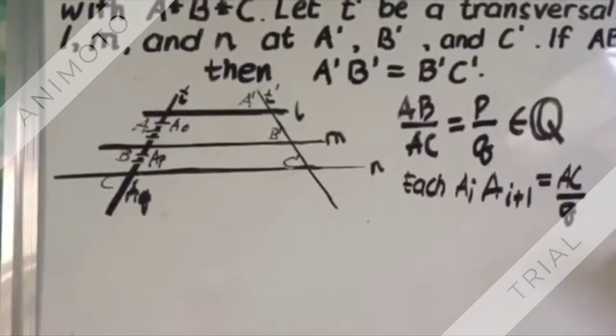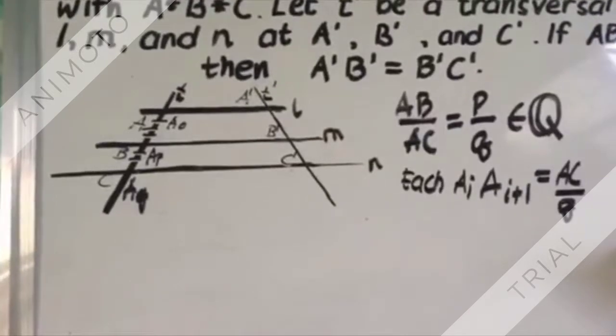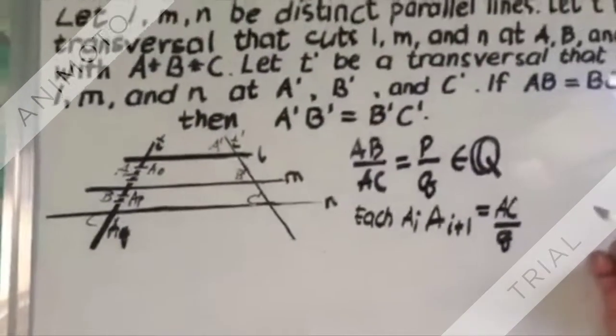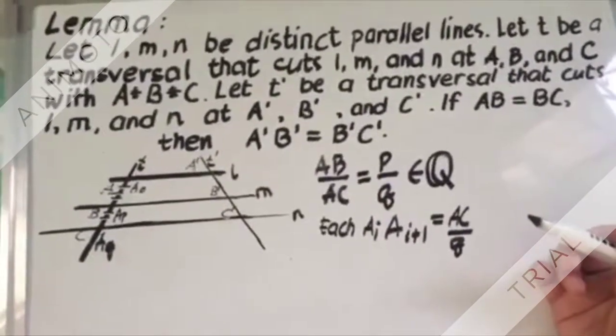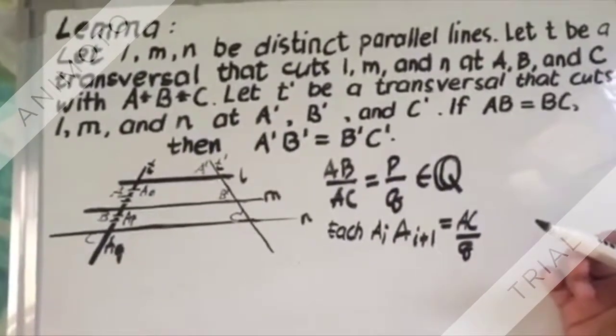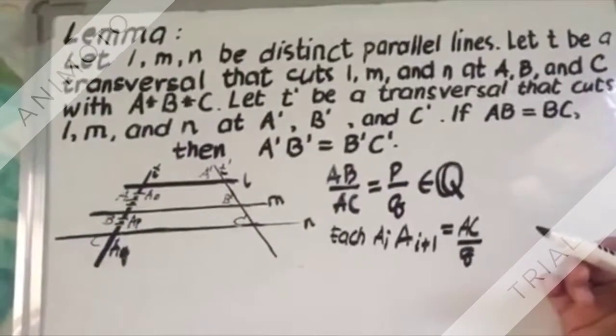A lemma might clear these complicated things I discussed. So here's the lemma. Let L, M, and N be distinct parallel lines.